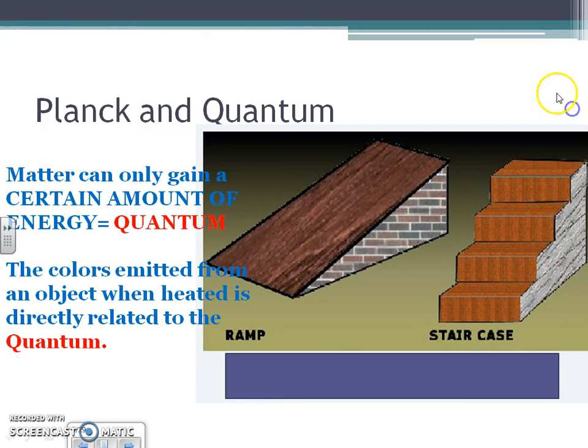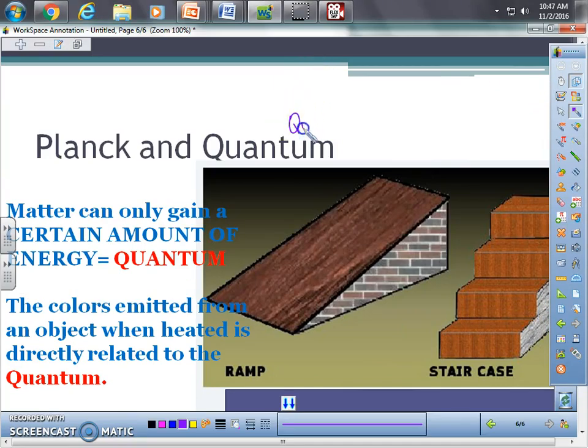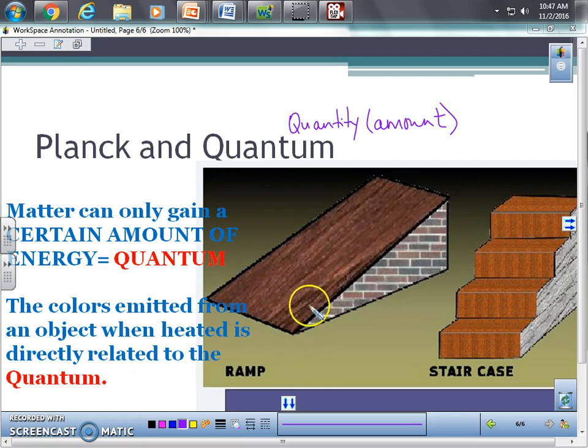And for quantum, I want you to think quantity or amount, because that's what it is. Planck said matter doesn't gain a continuous amount of energy. It's not like going up a ramp where there's no finite amount of how much you're moving up. You're just moving up on a continuum. Instead, matter gains an amount of energy that can be measured. It's kind of like going up a stair.